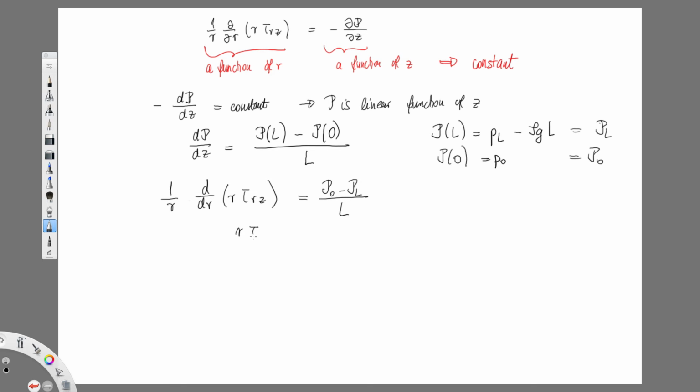So my r tau rz, when I multiply by r and integrate, is going to be P0 minus PL divided by L. If I integrate r, the integral is r squared over 2, plus some constant C1. So my tau rz is P0 minus PL over L, r over 2, plus C1 over r.